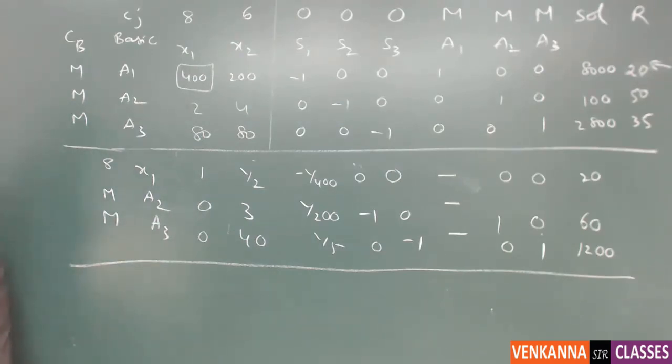Now I left the task for you to calculate Zj as well as Cj minus Zj and tell me which is to be taken as the key column now. Clear to all?